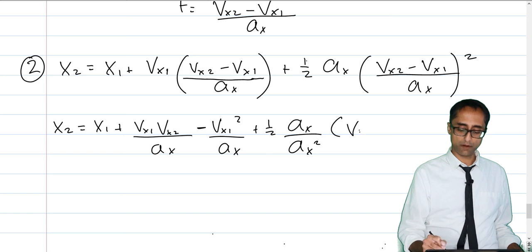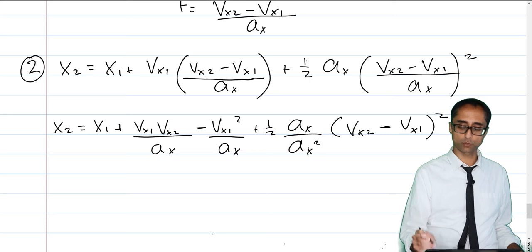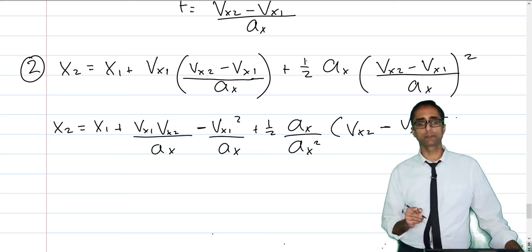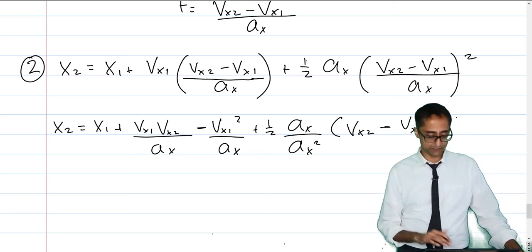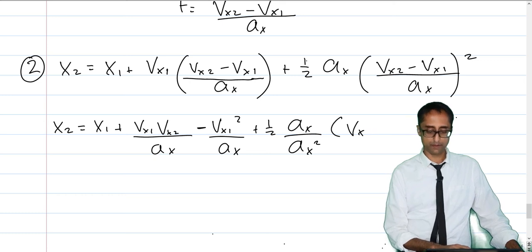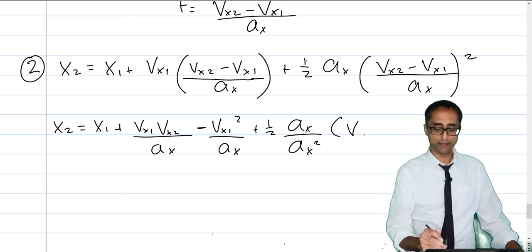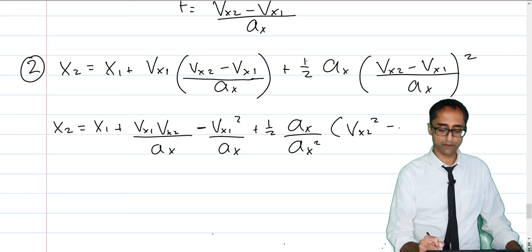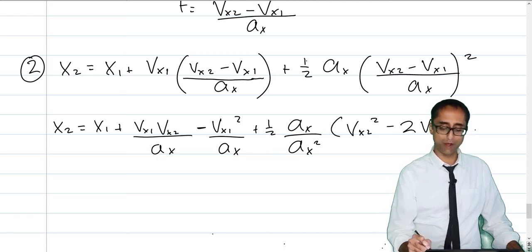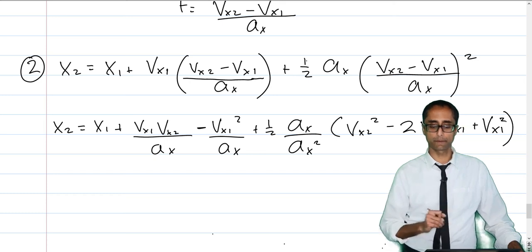But we still have our Vx2 minus Vx1 squared, which I can handle at this time. So I'll just go ahead and write this as Vx2 squared minus 2 Vx2 times Vx1 plus Vx1 squared. There we go.